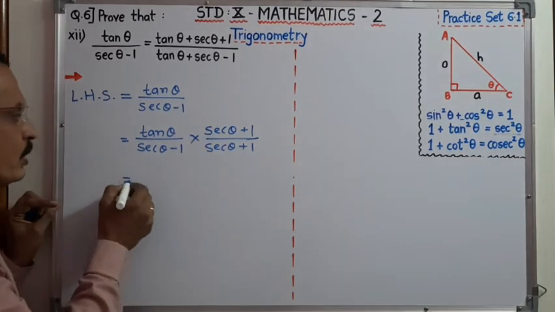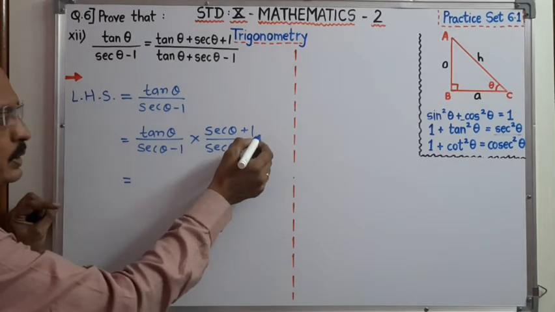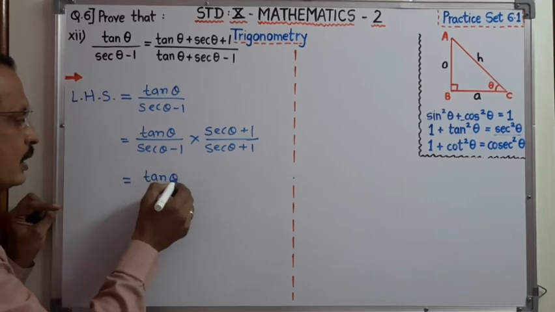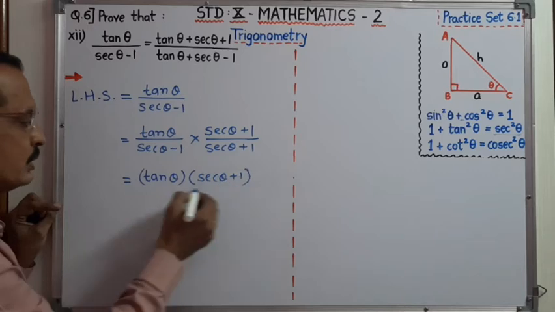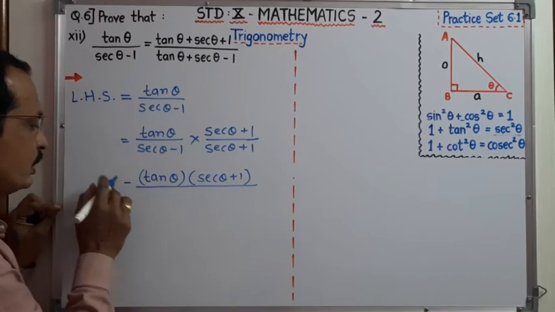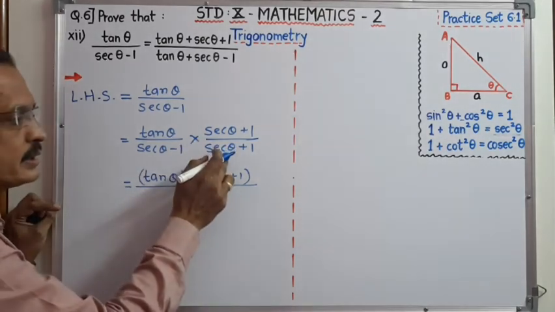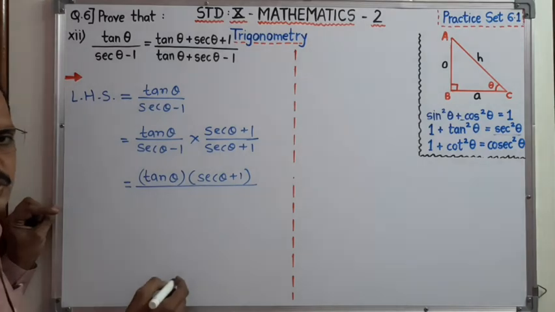Now, dear student, we got here tan theta into sec theta plus 1 upon sec theta minus 1 into sec theta plus 1. Therefore, we write here a square minus b square.